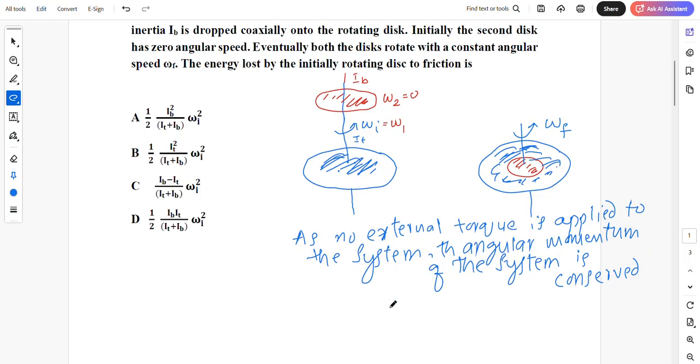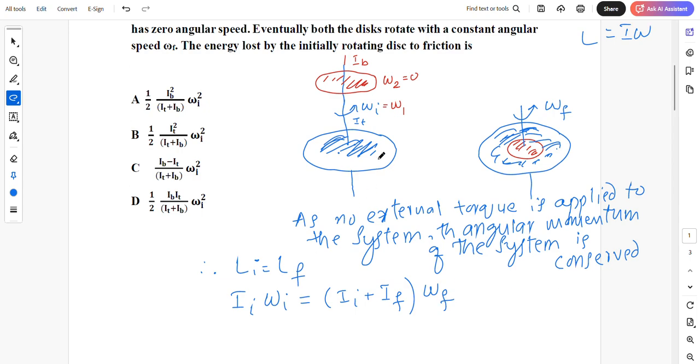Therefore, you can write Li is equal to Lf. What is L? We know I into omega. That is I initial into omega I, that is equal to L final, that is here both together, I total into omega f.